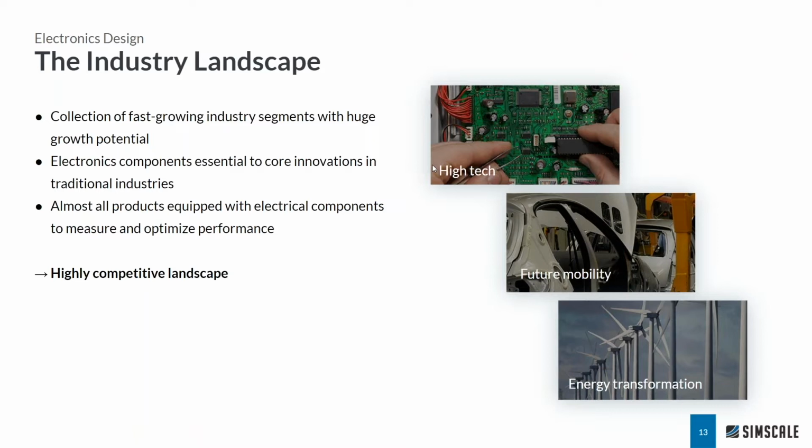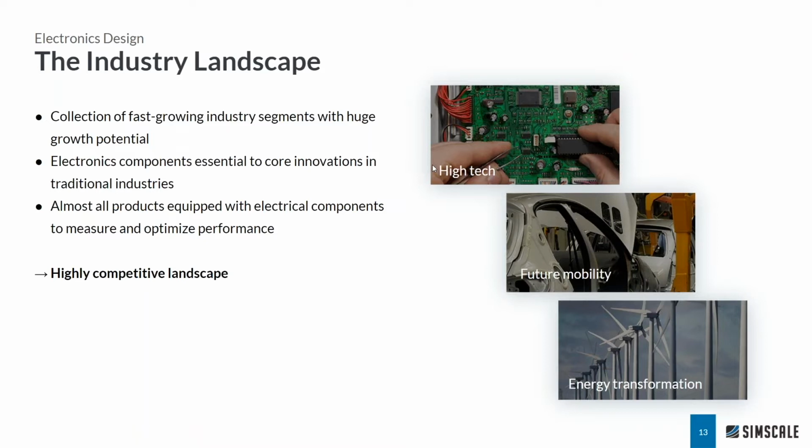So like for smart grids, for autonomous driving, all of these technologies require sensors to measure or optimize performance, require a lot of electrical components that need to be added to the mix.